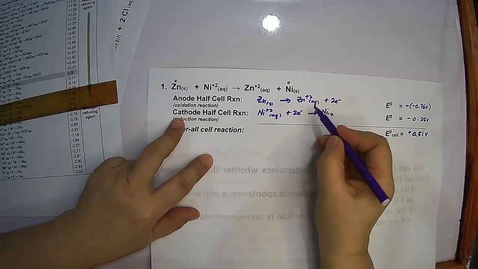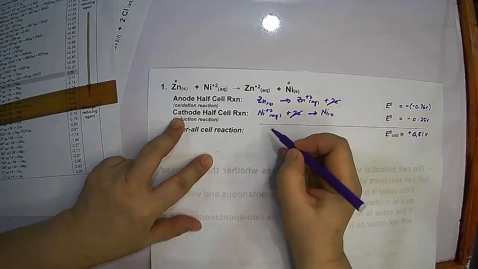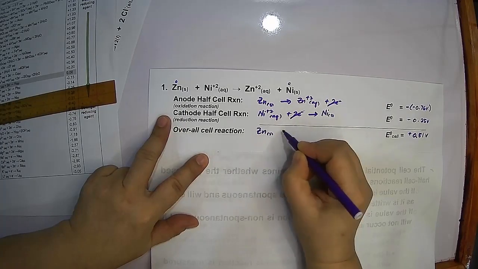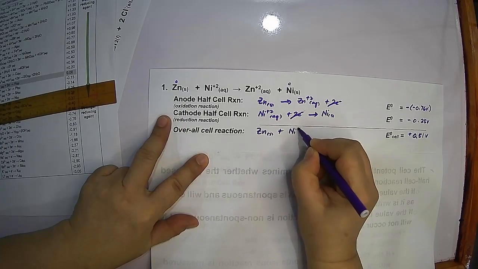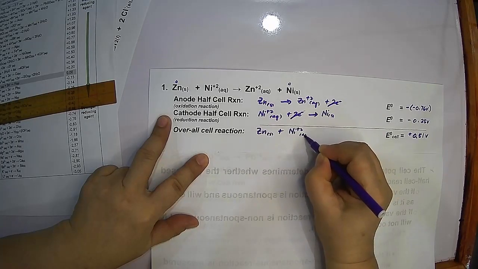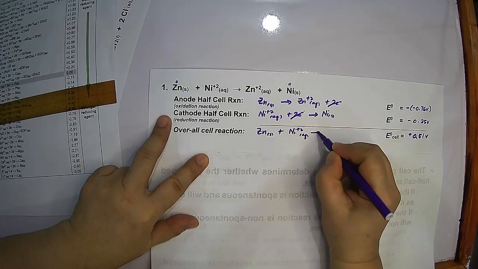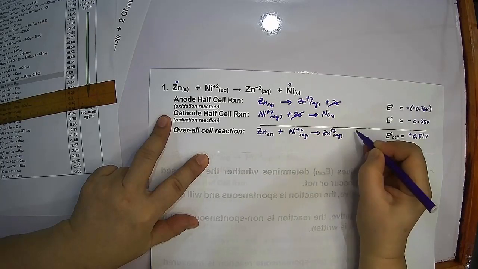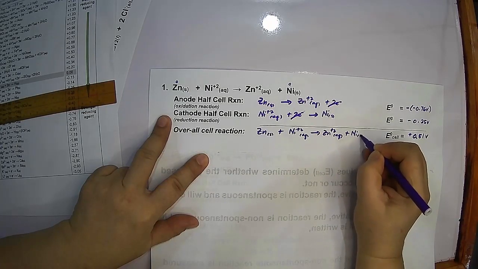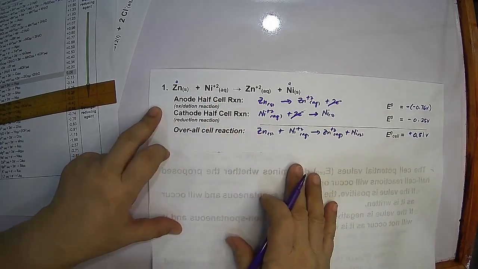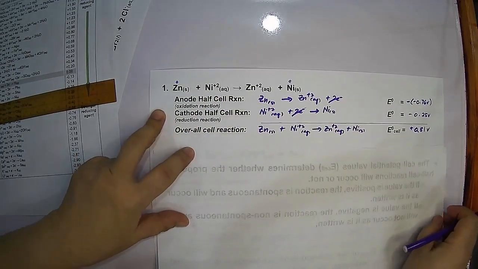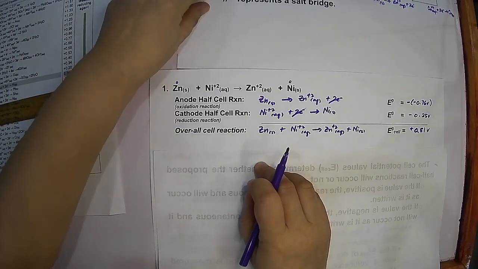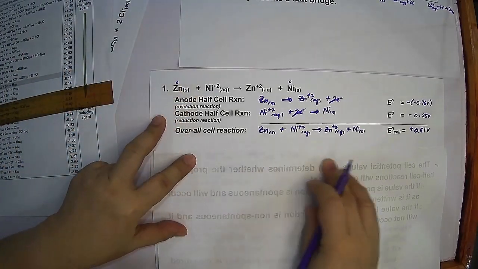And since there are 2 electrons on both sides, they will cancel out. So you have zinc plus the nickel ion will give you the zinc ion and the nickel metal, as given. So we can now write the cell notation or the electrode reaction.